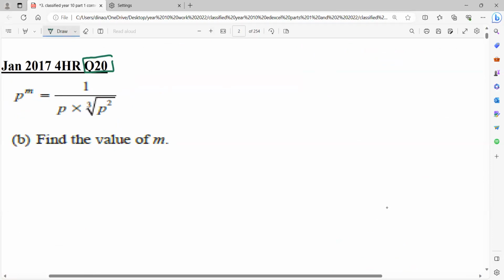Now the question here says, find the value of m. I am required to take this fraction, remove it, and put the base with just one power. So let's see what I can do over here. Now we have two approaches.